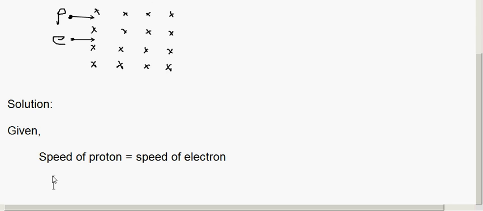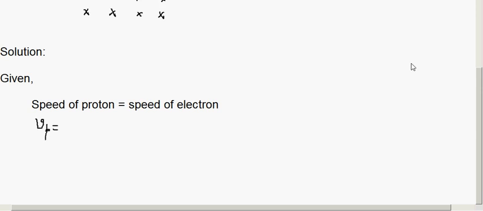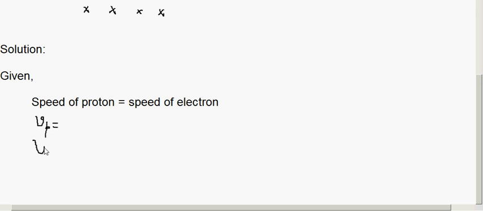Let Vp be the speed of proton and Ve the speed of electron, so we can write Vp is equal to Ve.